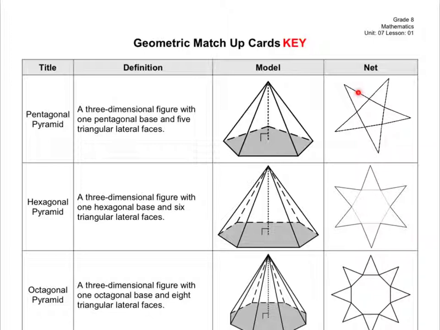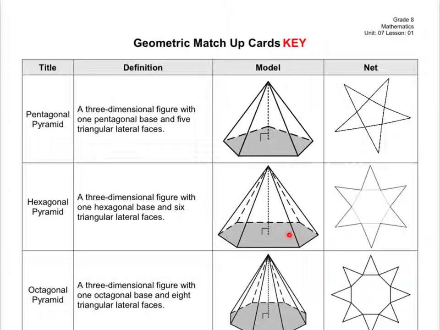All right, hexagonal pyramid. It's a three-dimensional figure with one hexagon base and 6 triangular lateral faces. So again, we have this height compared to these lateral heights and our right triangle here. So how many? 1 hexagon base and 6 triangular lateral faces.